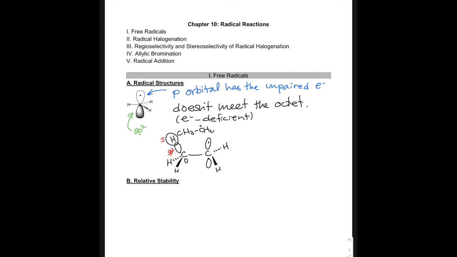And because the sp3 orbital has some p character to it, it's able to do sort of a fake conjugation or overlap. So that's what we mean by hyperconjugation.